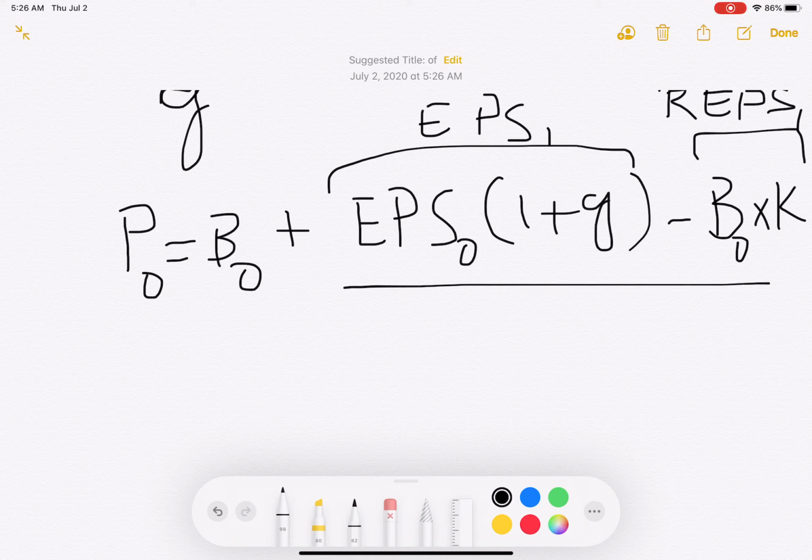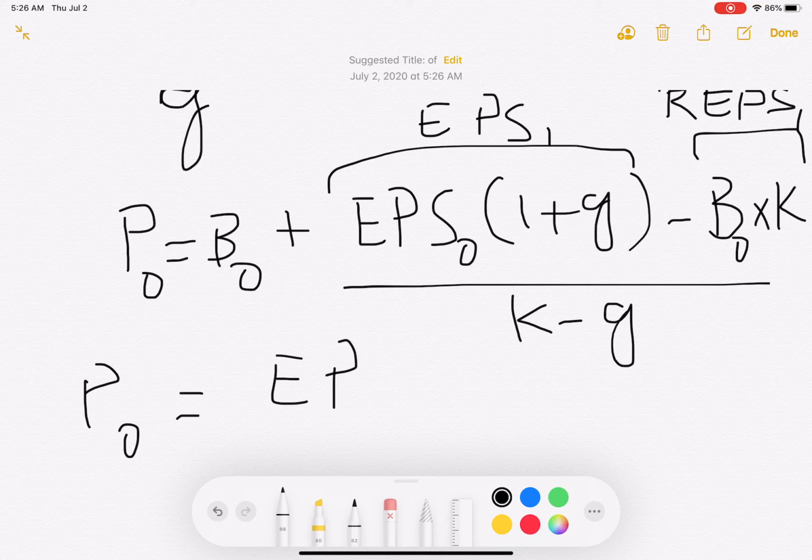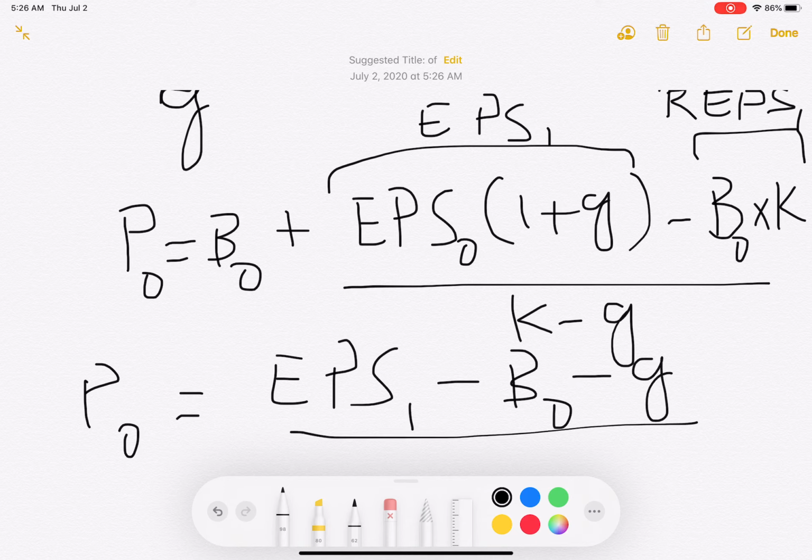Whole divided by K minus G. And if we solve this, take the LCM and solve this algebraically, we can rewrite P naught equal to EPS, earning per share in the first time period, minus the required earning per share in the first time period, whole divided by K minus G.